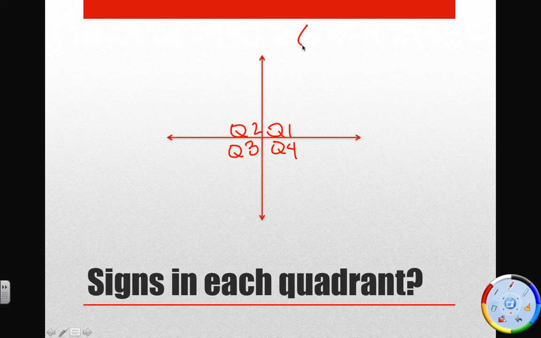So you'll notice that all of the coordinates here are plus, which tells you the sine of theta is going to be y over r. And you remember r is always positive. So sine is going to be positive. Cosine is going to be positive, and tangent is going to be positive because it's y over x.